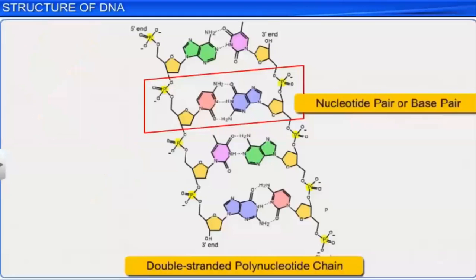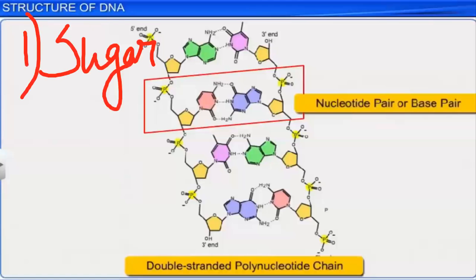Number one, it is made up of sugar. Which sugar is it made up of? It is made up of pentose sugar. Where is the sugar molecule? You can see here, this is the sugar molecule.